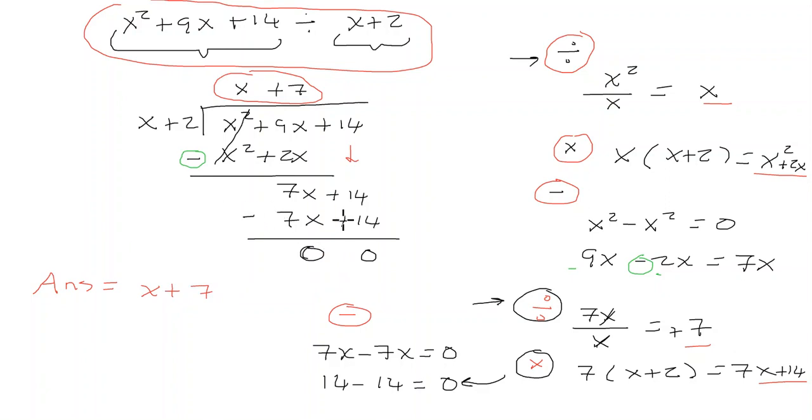Just be careful with this operation here, which is minus. Sometimes the integers can be negative, and then you end up with a double negative situation, and in that case you change the signs, but that hasn't happened in this particular example. So that's long division of algebra expressions. Hopefully that helps. Thank you.